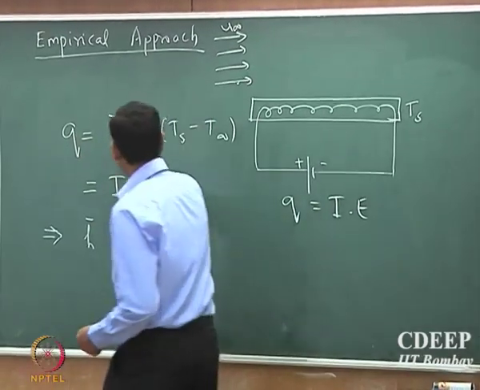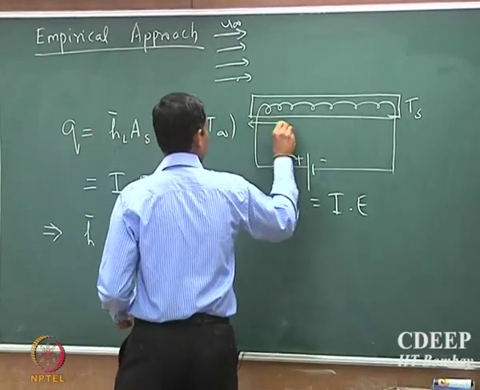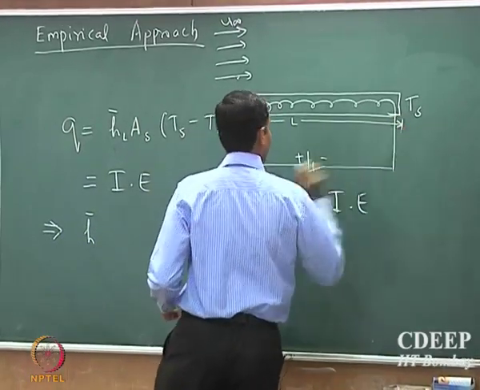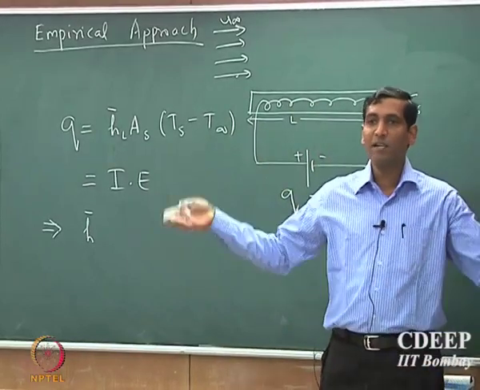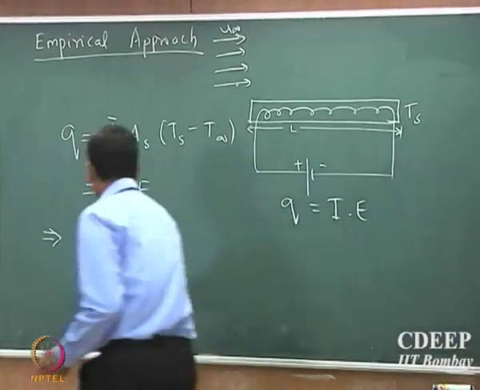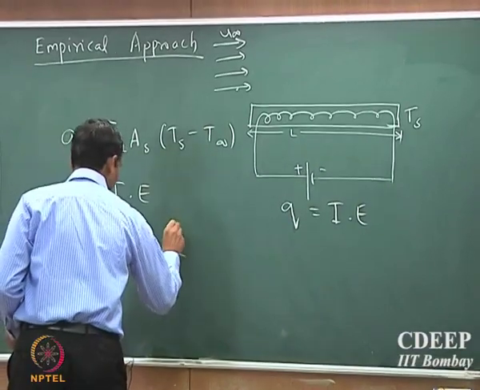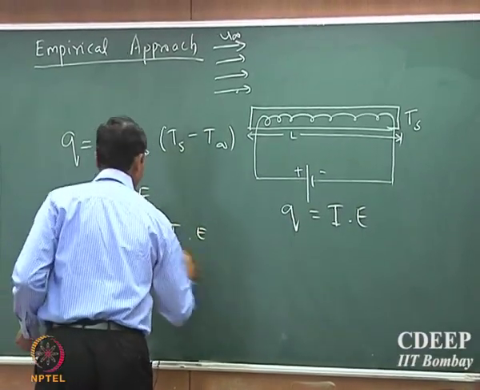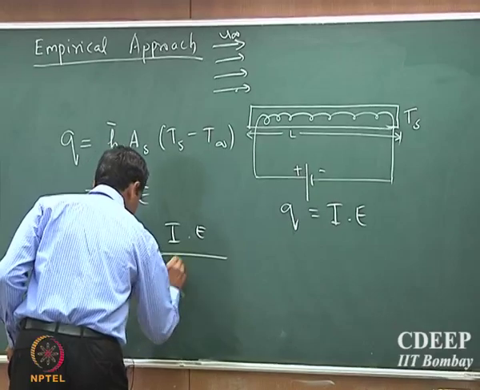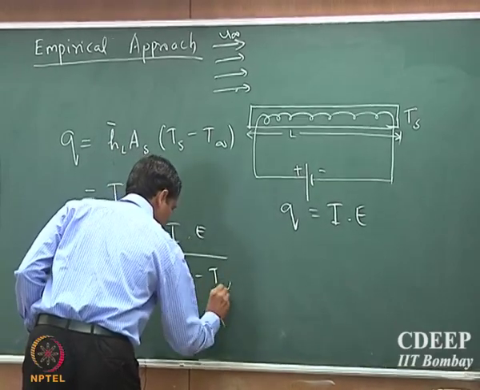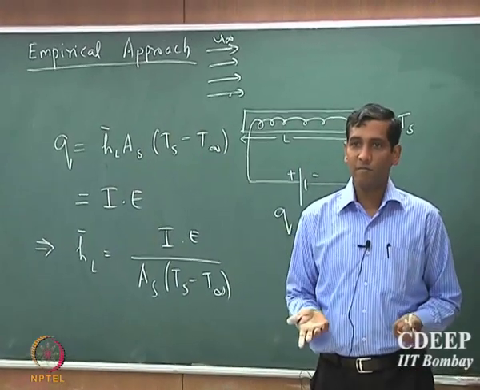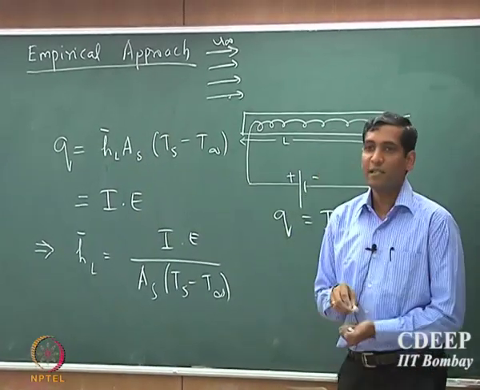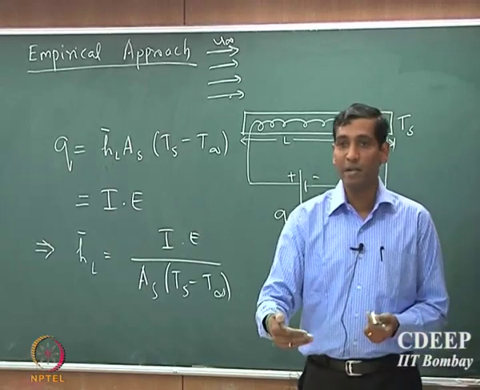So, if I put a subscript L, where L is the length of the plate, this is the average heat transport coefficient based on the length of the plate, so H bar L would be I times E divided by Ts minus T infinity. Fair enough. So, we know how to calculate the heat transport coefficient experimentally.